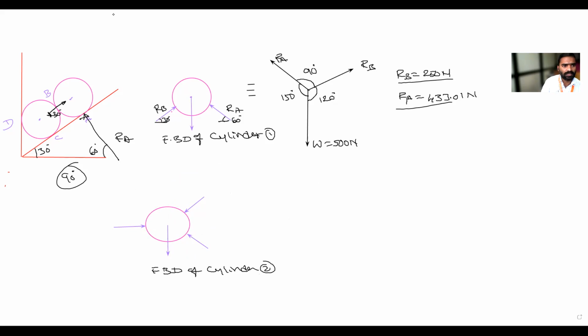In the first cylinder, how many unknowns are there? Only two. In the first cylinder the unknowns are two: RA and RB, which we found out. Okay, next we come to cylinder 2.